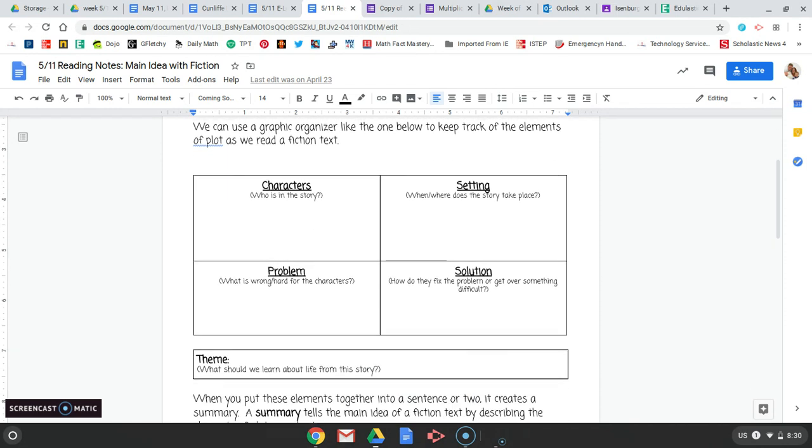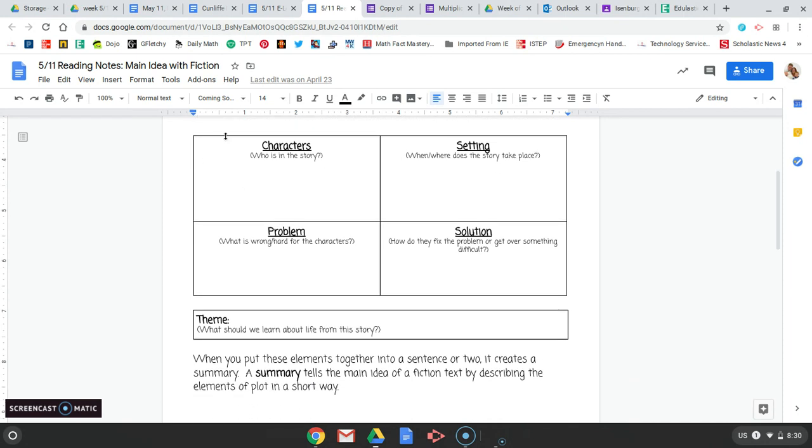All right, we're going to continue with the next paragraph. We can use a graphic organizer like the one below to keep track of the elements of plot as we read a fiction text. All right, so here's a little brief review of what those elements are. So remember, characters are who is in the story. Setting is where and when the story happens.